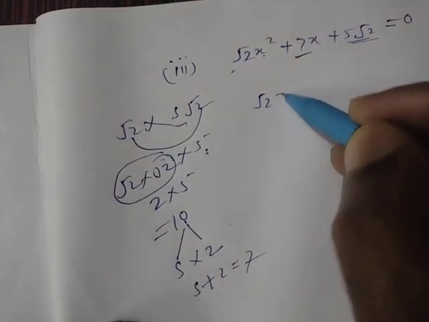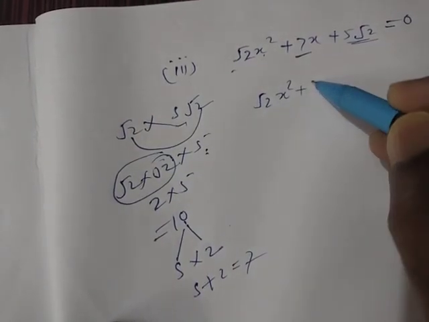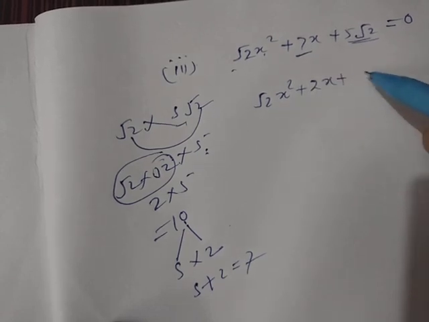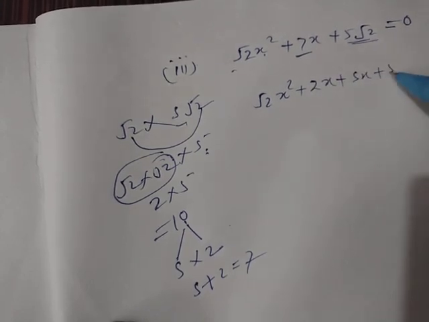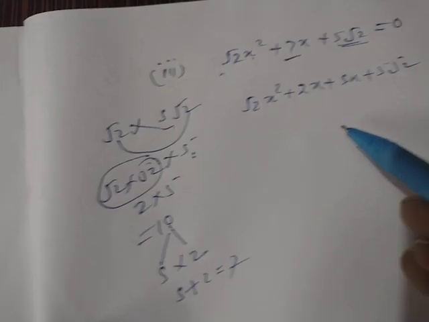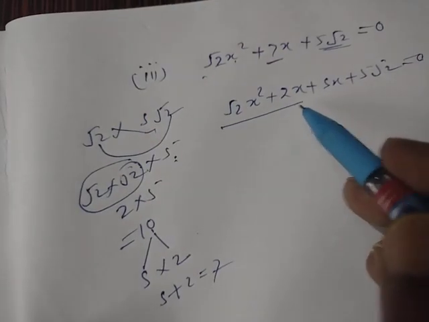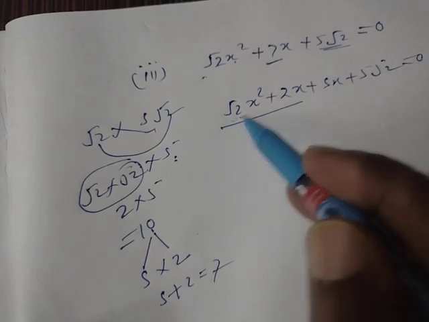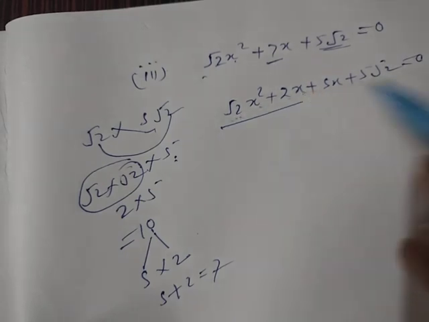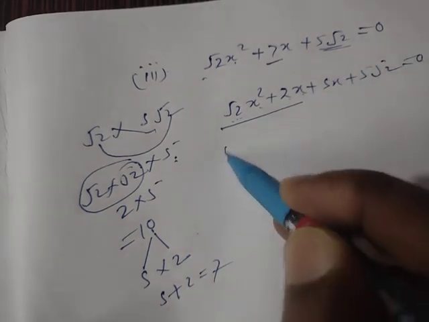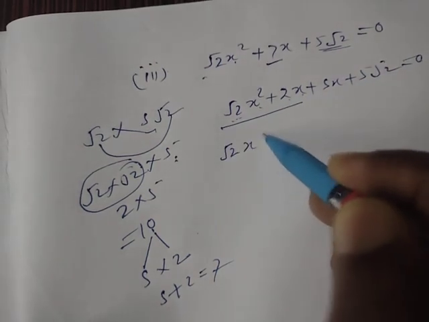Then root 2x square plus 2x plus 5x plus 5 root 2 is equal to 0. Here root 2x square plus 2x, you take common root 2x.